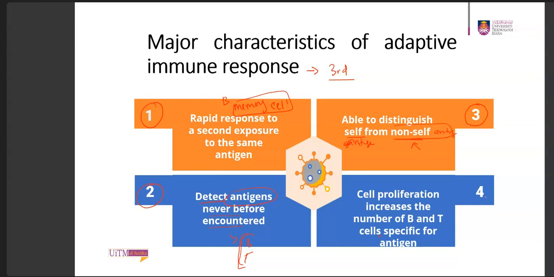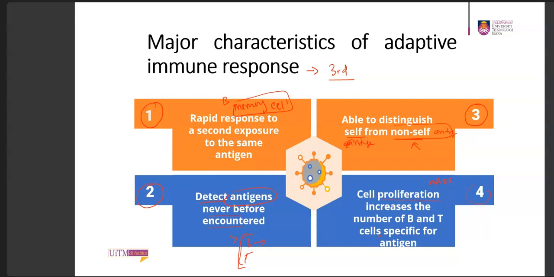And then the fourth characteristic is cell proliferation. So what is cell proliferation? The specific B cell or T cell that detects that specific antigen will be activated and divide many times through the process of mitosis, so that your body produces the same B cell with the same receptor to attack the same pathogen.